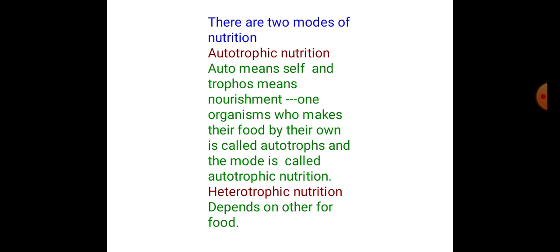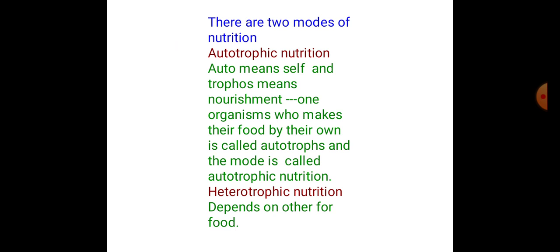So here is the answer for you. As we know, auto means self, own. And trophs means nourishment. From the word nutrition, it comes from nourishment. Therefore, when a living organism makes its food by itself, by its own, it is called an autotroph, and the mode is called autotrophic nutrition.